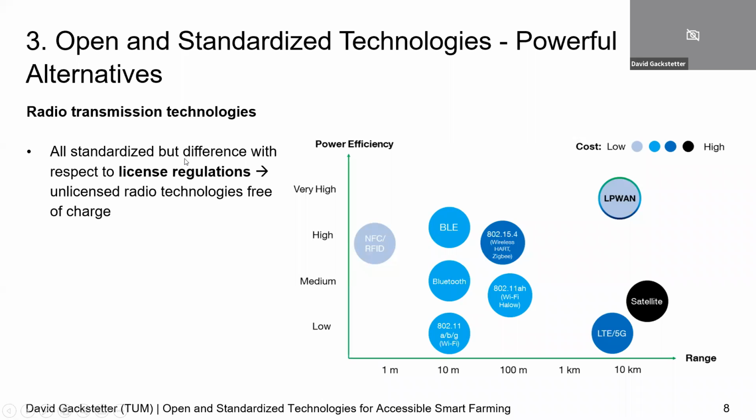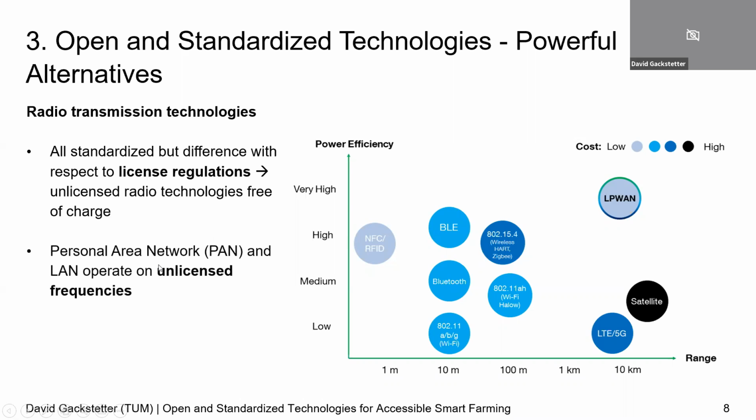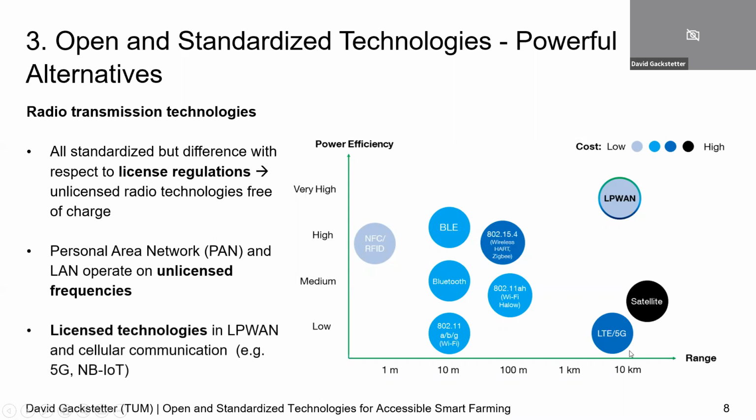These are mostly on unlicensed frequencies, whereas we also have licensed frequencies in cellular communication, which are subject to costs for the user. But overall, these are all standardized, so this is not the issue here. However, there is the question of licensing and also of making users dependent on a supplier or not.